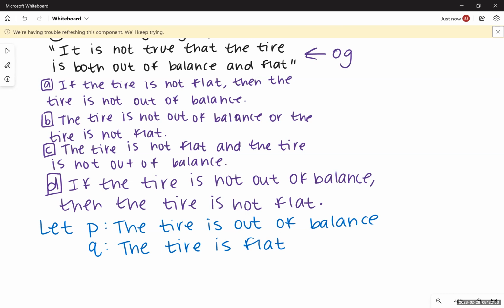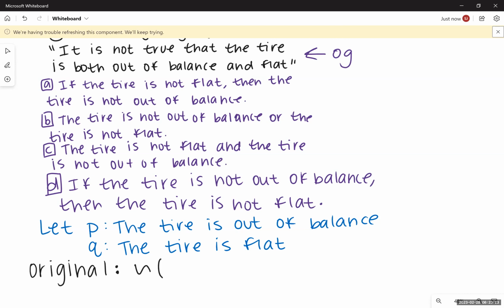Okay, so we're going to call this right here my OG statement. It's the original. You can write original. I wrote original, but I put OG right here. That's my original statement that they gave me. Okay. And so if I actually think about my original statement using the P and the Q that I have, let's write that symbolically. Okay, it says, it is not true that the tire is both out of balance and flat.